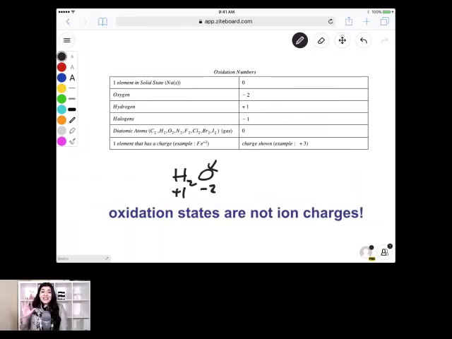So just know that it's really not your ion charges. I just want to make that note so no one gets confused. And let's just go into the oxidation numbers that you need to know. In this little table, you'll see that the first type would be anything that's in its solid state. So when we have an individual element, like let's say in our case we have Na, and it's in its solid state.